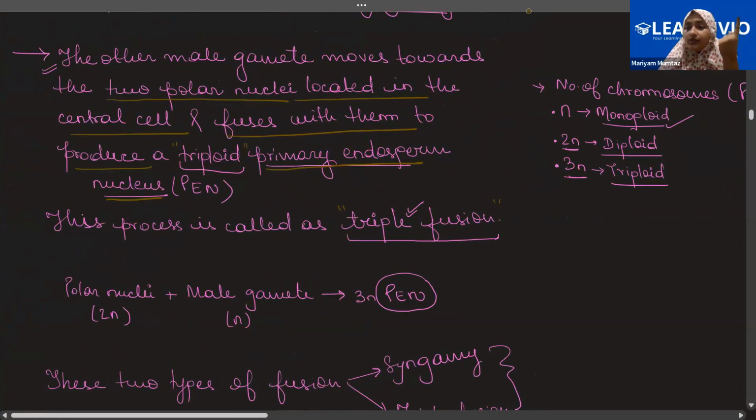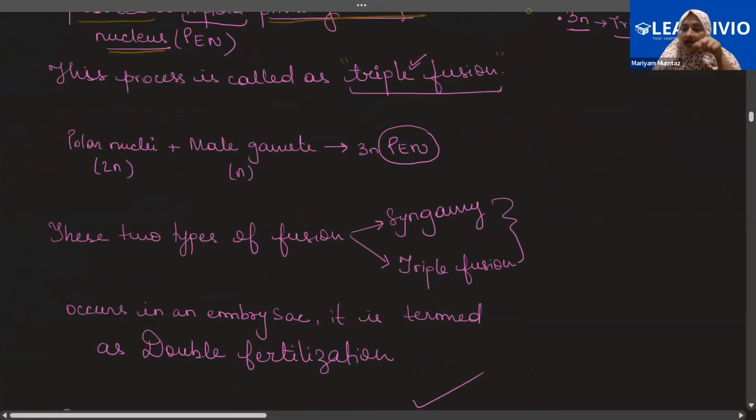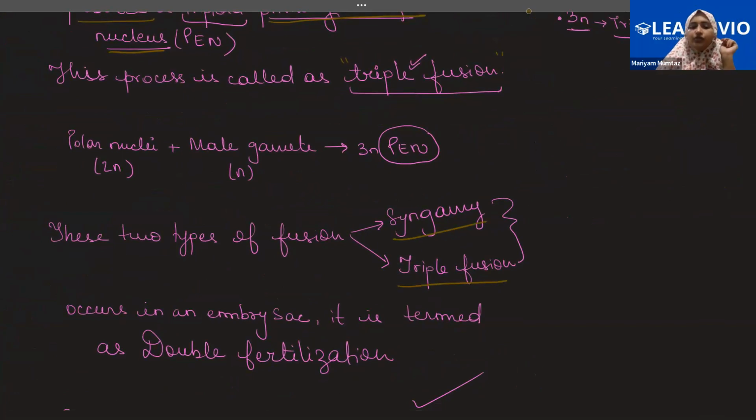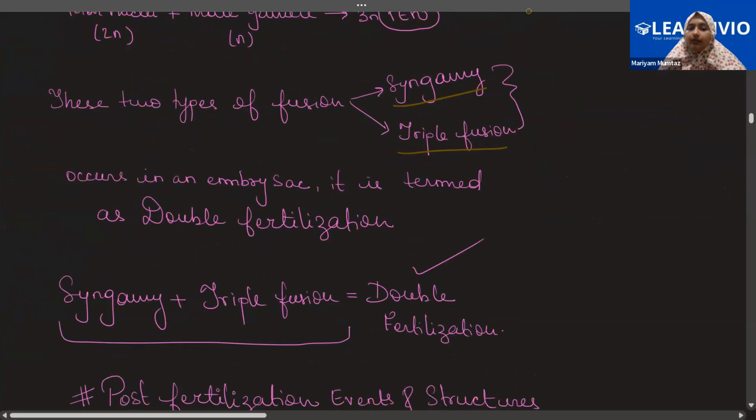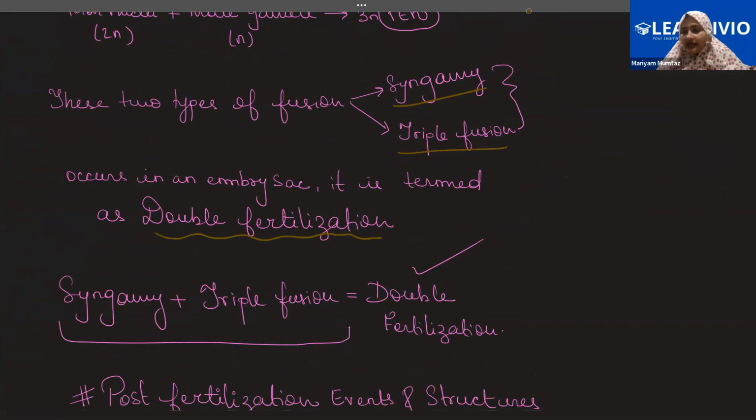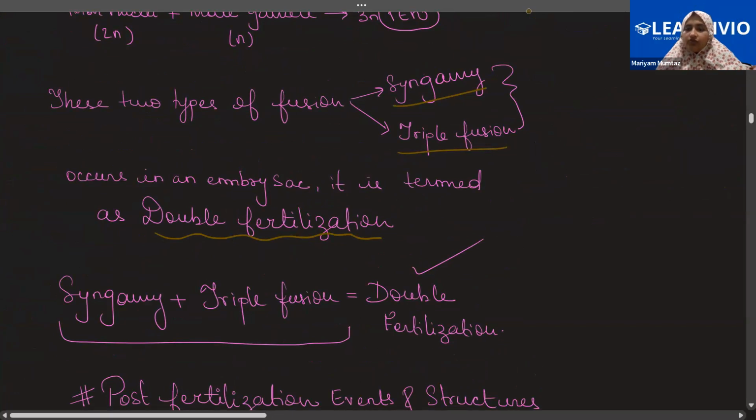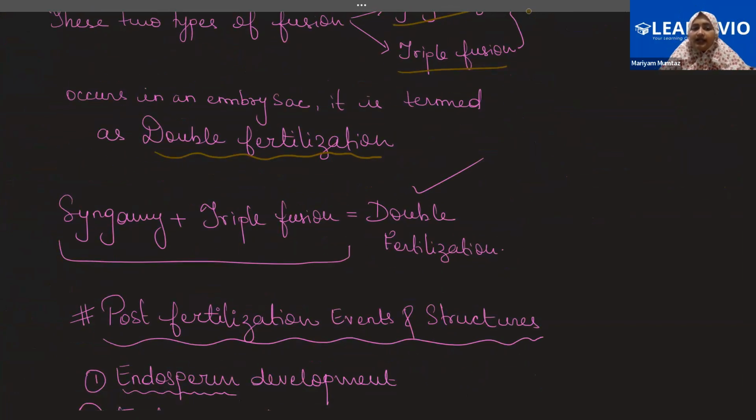The first fusion was syngamy. So in one embryo sac, two types of fusions are taking place, syngamy and triple fusion. It is altogether known as double fertilization because two times the fusion is taking place. Clear? So when you sum total the syngamy along with the triple fusion, you get double fertilization.